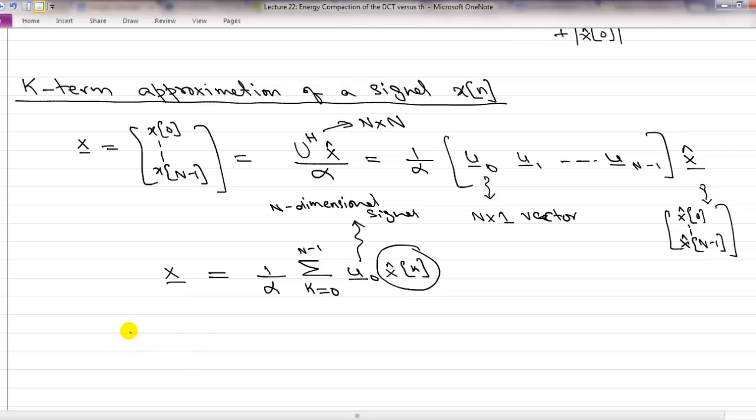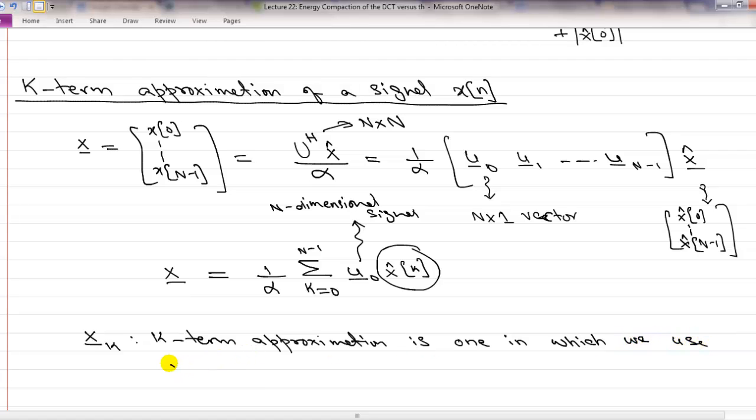And the k-term approximation is defined as the one, your x of k, in which we use no more than k u's to construct my original signal x.